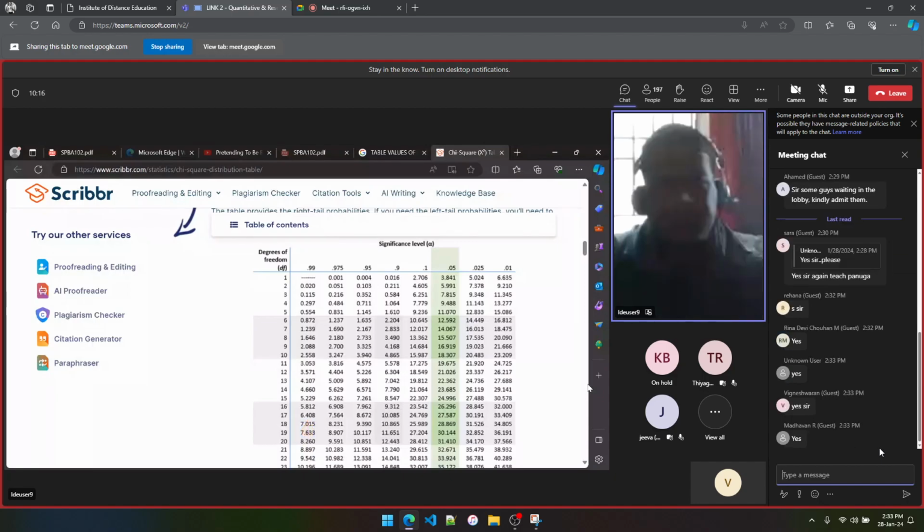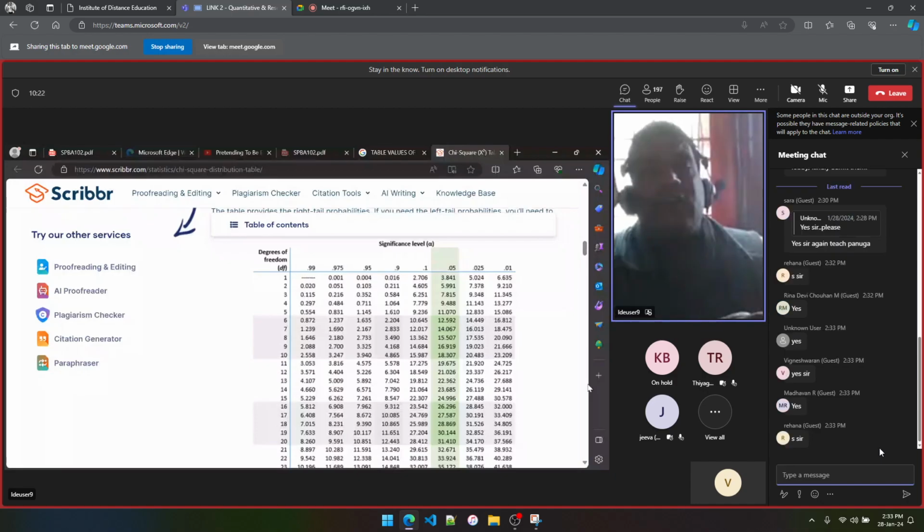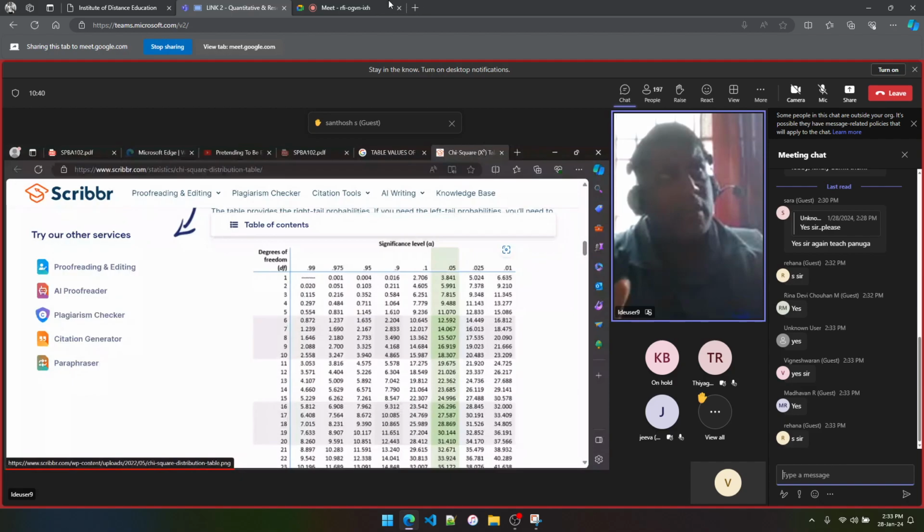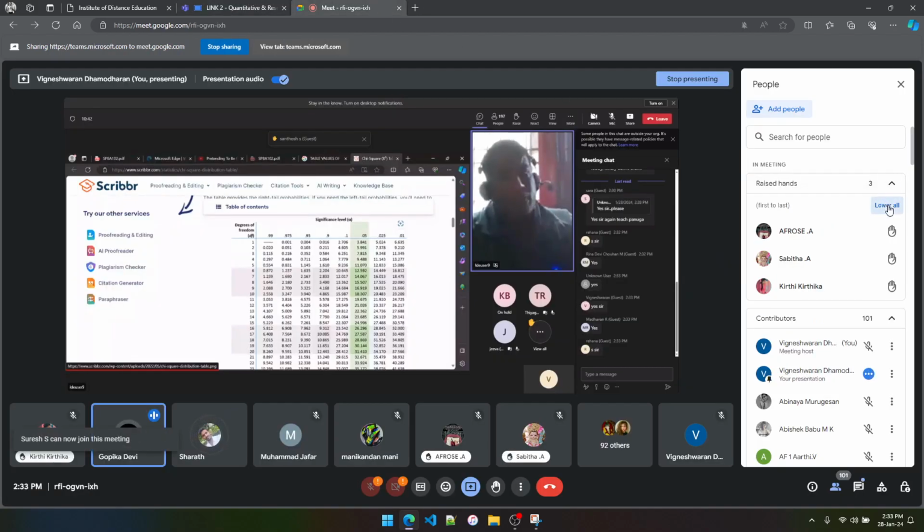Now, we have to refer to the table value exactly at the 5% significance level. What is the 5% significance level? The degree of freedom is 1 because there are two attributes. What are they? Number of patients and type of treatment, right?